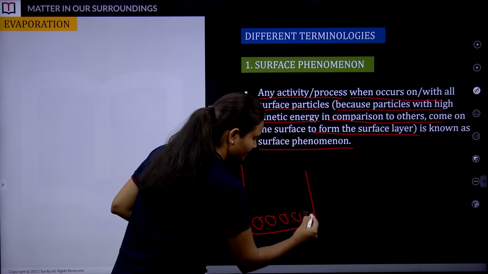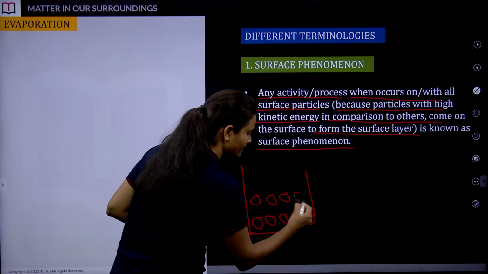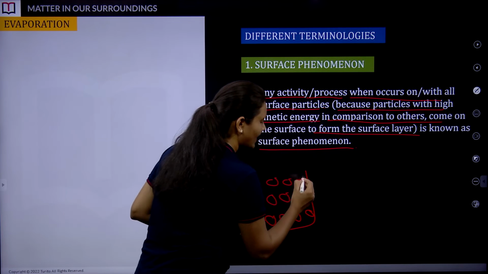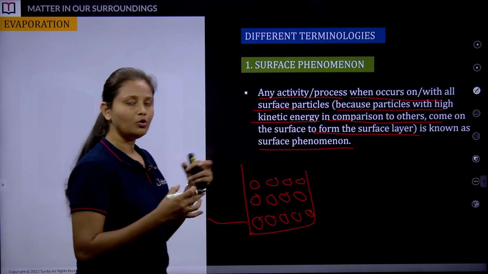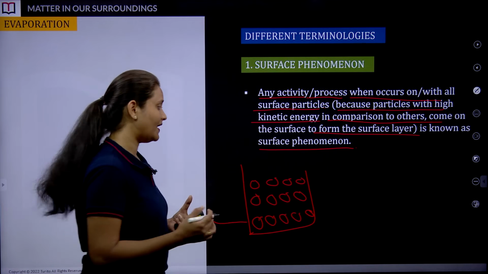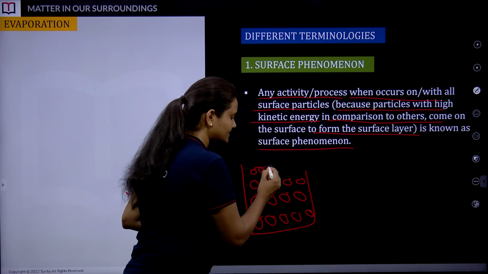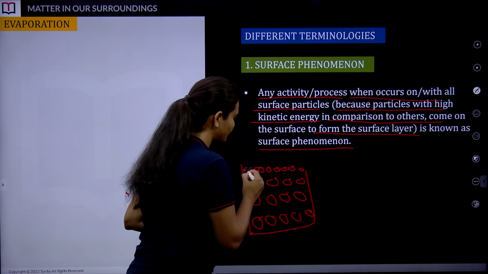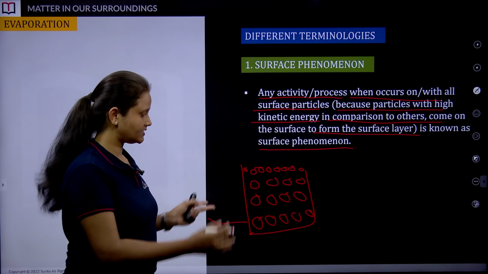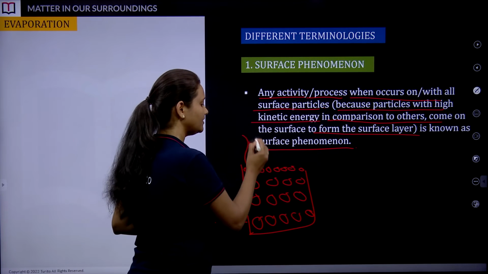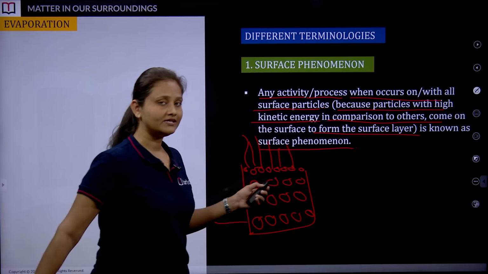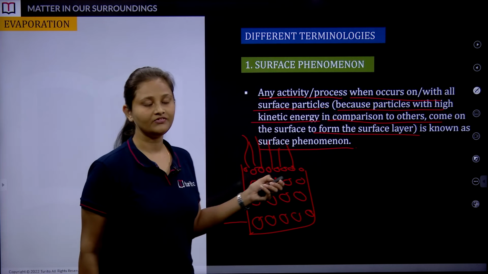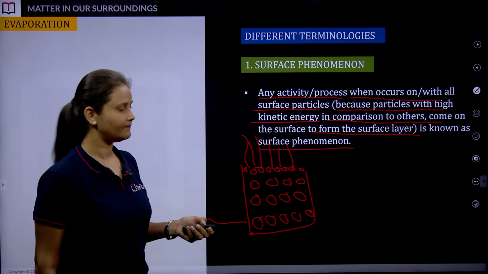These are the molecules, and we know that continuous collision is going to happen, and because of that, the extra activated particles form the surface of this system, and they evaporate naturally. When we observe such a thing, we say this is a surface phenomenon, correct.